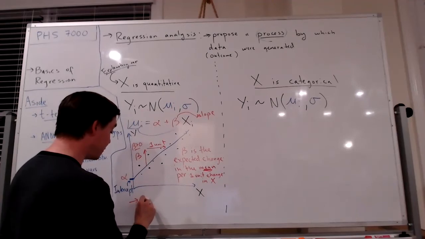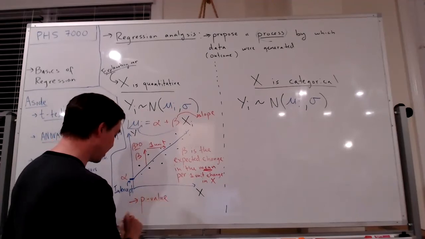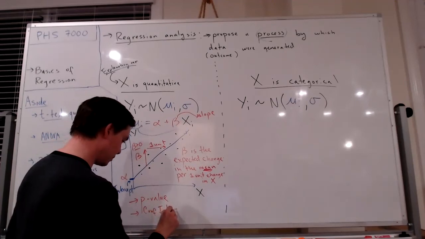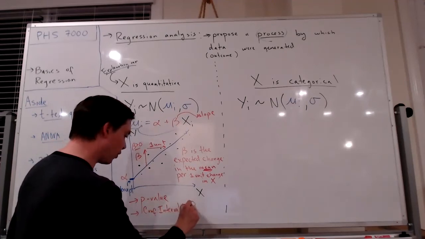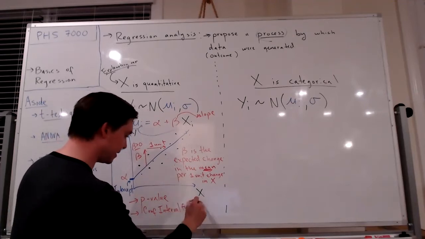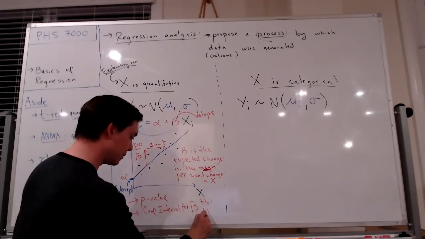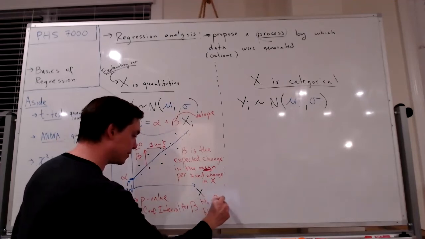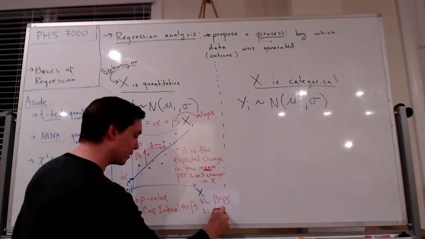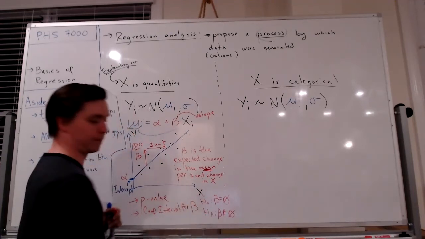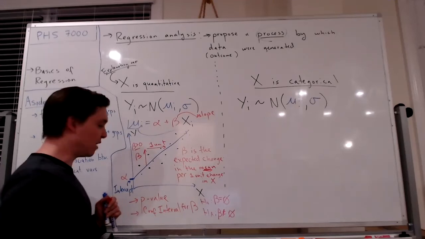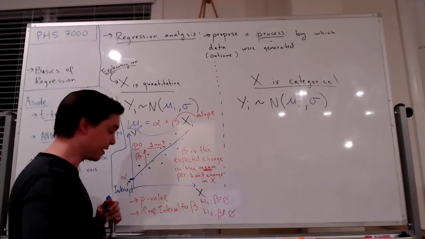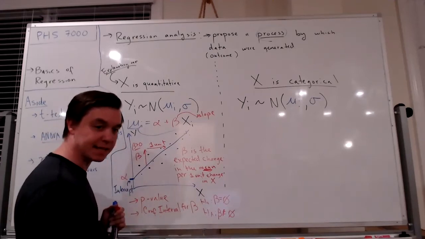We can get a p-value, we can get a confidence interval for beta, all to test the null and the alternative hypothesis that beta is equal to 0 versus beta not equal to 0. Remember, the null has to be informative, because if we reject the null, it has to mean something.